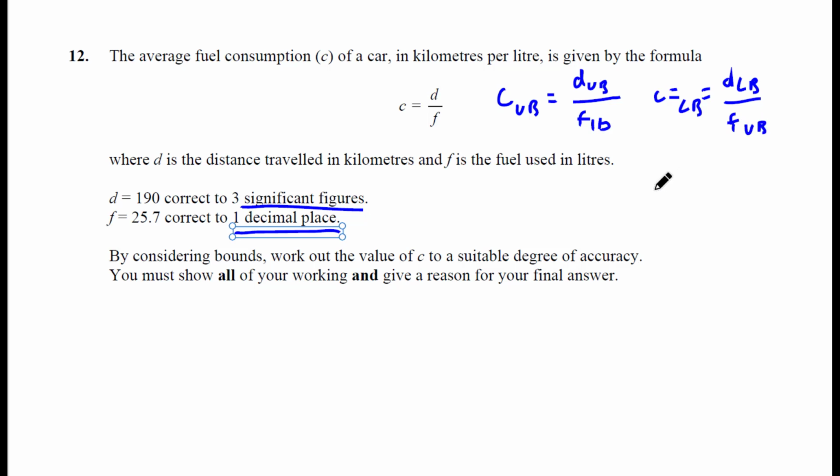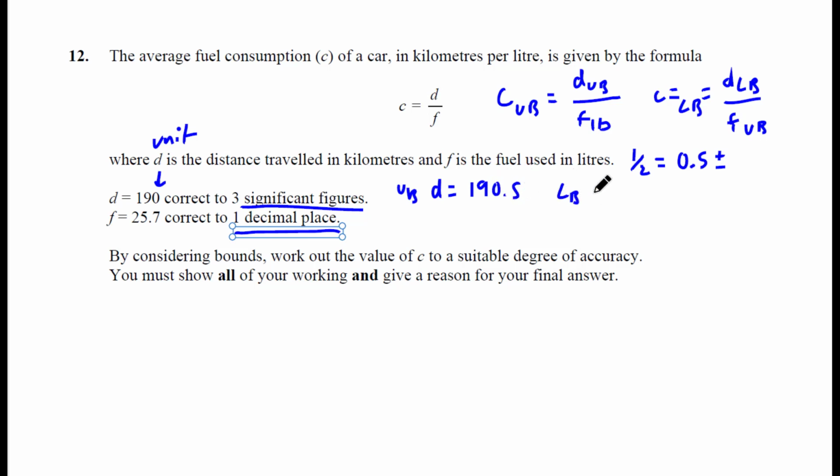So upper bound of D, 3 significant figures, so let's look at that. That is a units number, so that's to the nearest one. So that's 1 divided by 2 is 0.5. So we plus or minus that from D to get the upper bound of D, which must be 190.5.